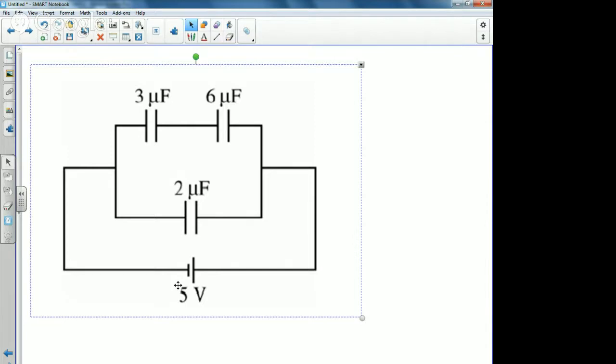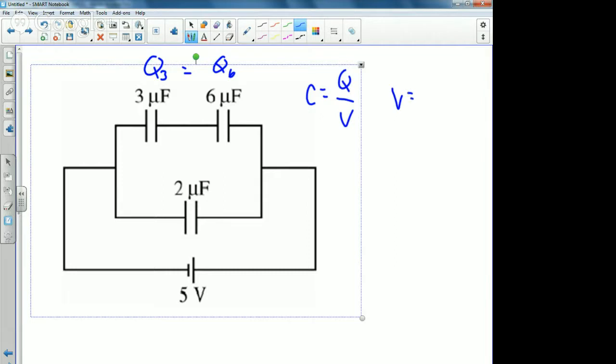We know Q3 is equal to Q6. That's just automatically true. So you should have been able to automatically eliminate choices and take your best guess. But the question is, how do the voltages compare? Well, take a look at this. C is equal to Q over V. We know they have the same charge.